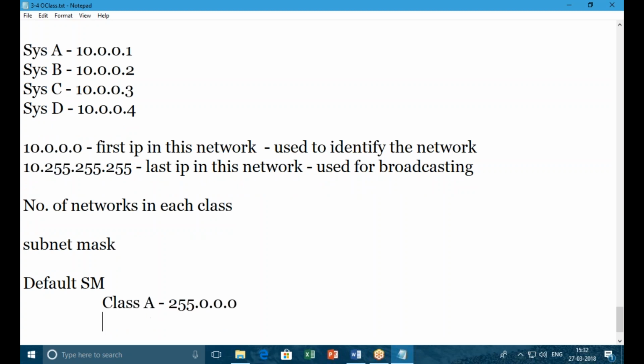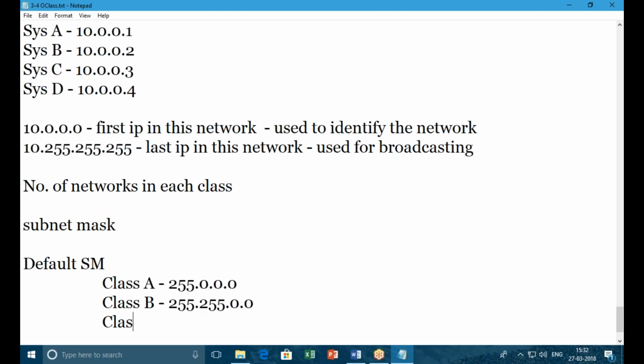For class B is 255.255.0.0. Class C is 255.255.255.0.